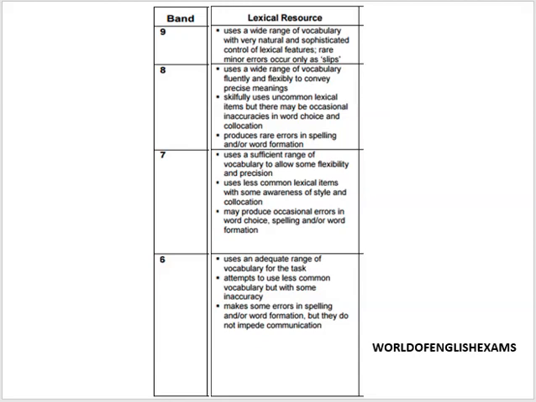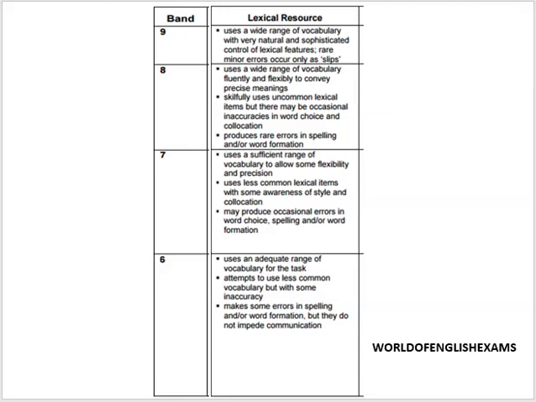Now let's start learning and understanding the criteria from band 6. So band 6 score for lexical resource is given when a candidate uses an adequate range of vocabulary. So the meaning of adequate is wide enough, sufficient range. So you are not showing a wide range, however you are just using those words which are enough for the task.